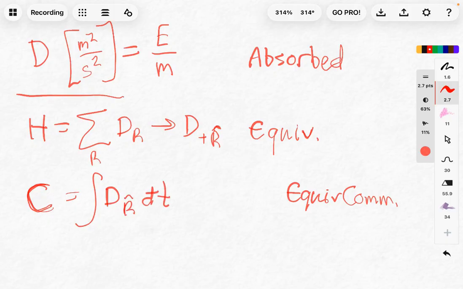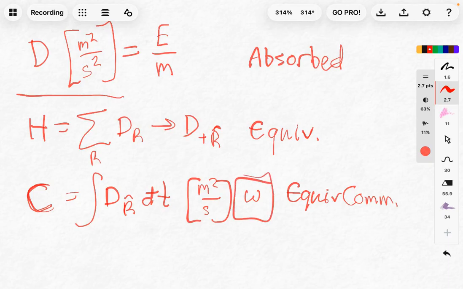And so it has units of meters squared per second, and thus we will use the symbol omega to define this. I believe the symbol has already been defined, but I will define it like that anyway.